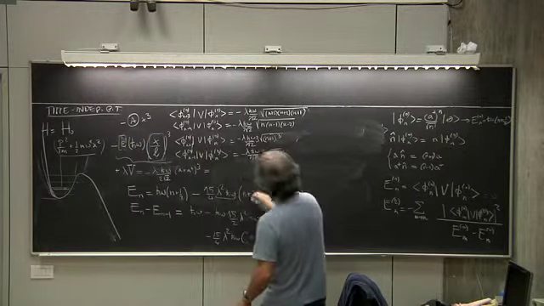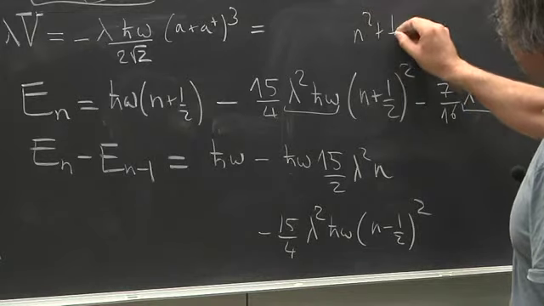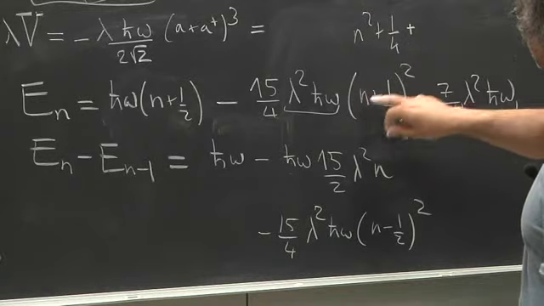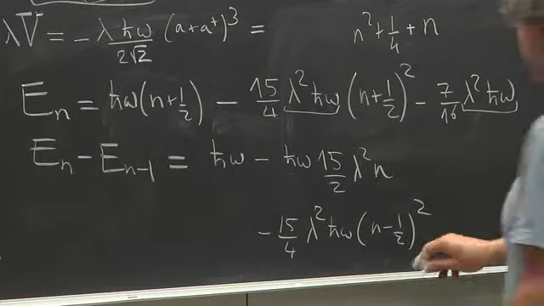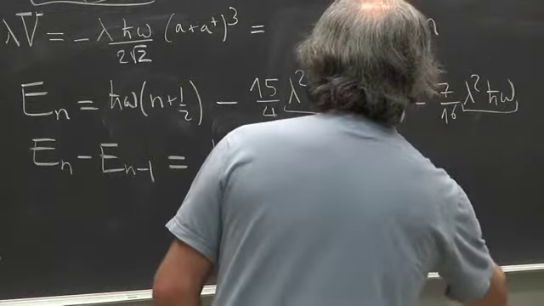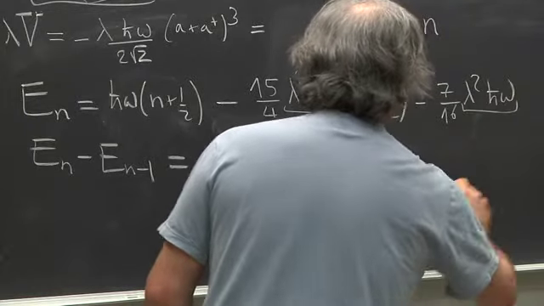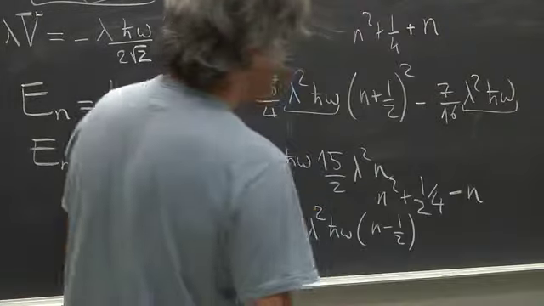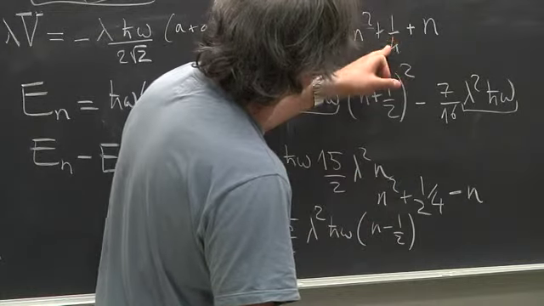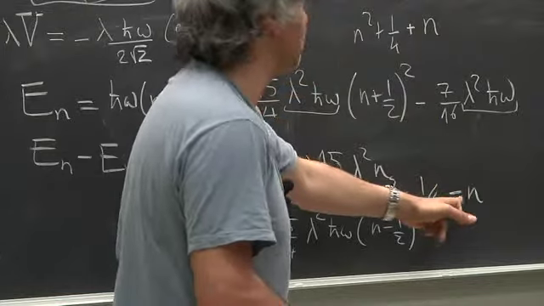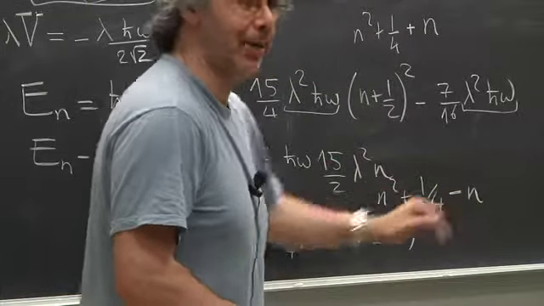Because the square of this is n squared plus 1/4 plus n, the double product. The square of this is n squared plus 1/4 minus n, okay? So if you take the difference of this and that, the n squared goes, the 1/4 goes, n minus n gives me 2n, okay?